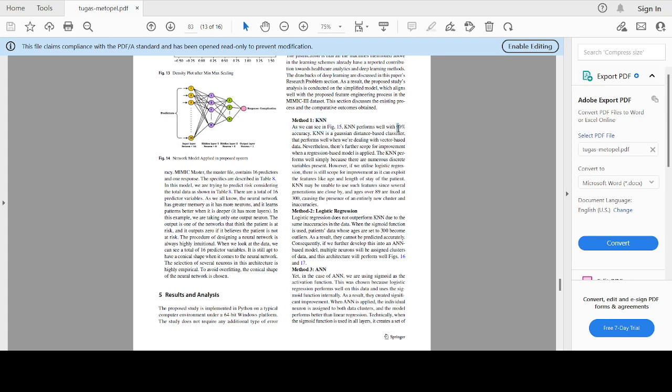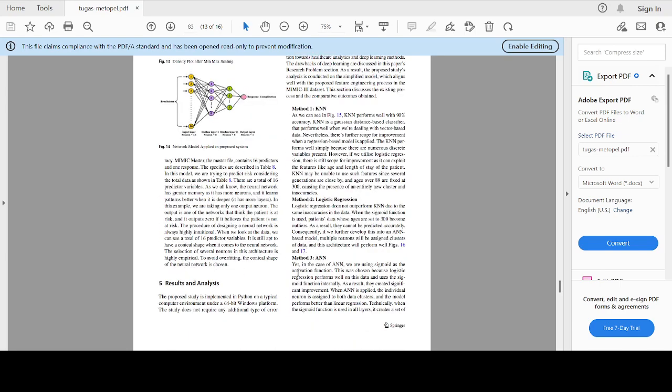Can end with 90% accuracy. Okay, I don't see any accuracy here, but it said logistic regression does not outperform KNN, which is to be expected, I think. Yet in the case of NN, we are using sigmoid as the activation function.